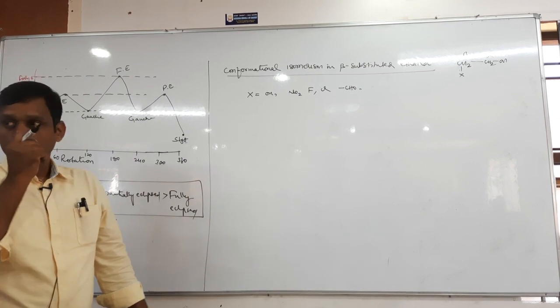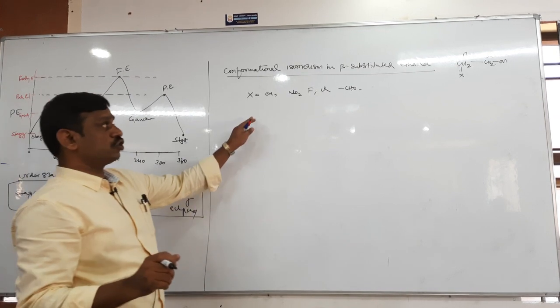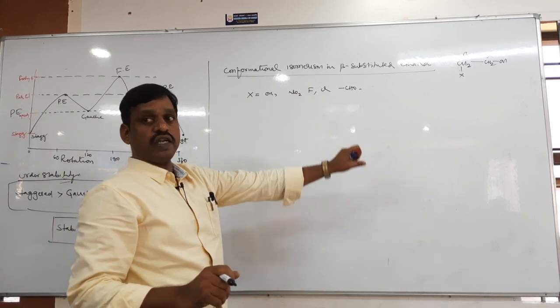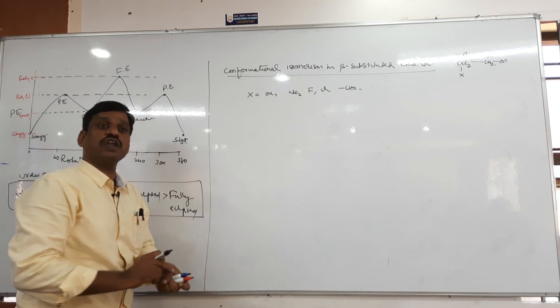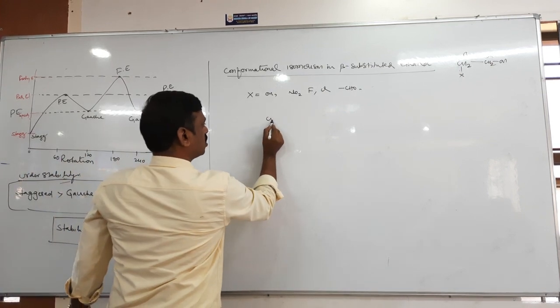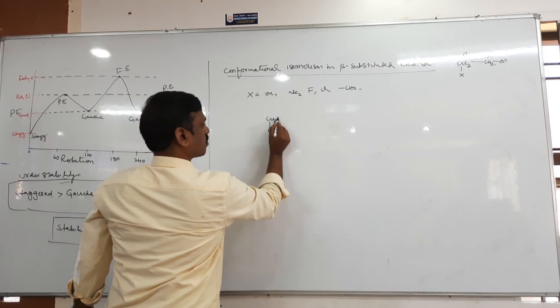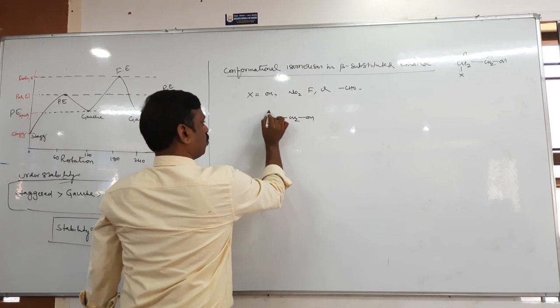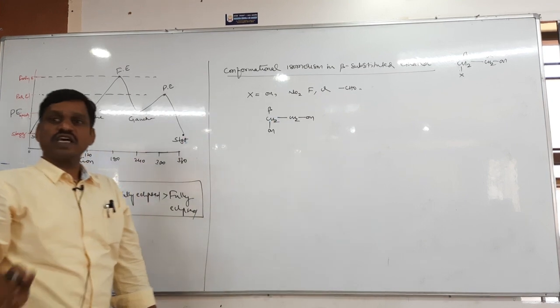Then if on the beta position there are groups like OH, NO2, fluoride, chloride, what happens and which conformation is most stable? Let me take CH2OH, with an OH group on the beta position. What is its conformation?